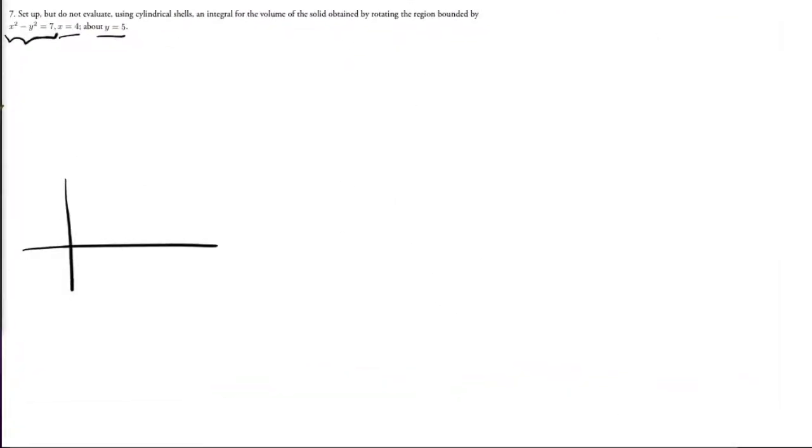Now, if you don't quite recognize x squared minus y squared equals 7, that's a hyperbola, but that's okay if you don't remember that. You can simply solve for y.